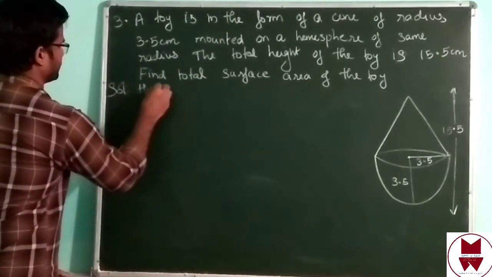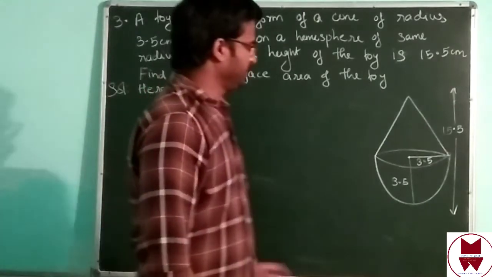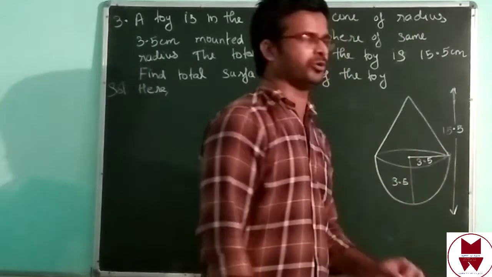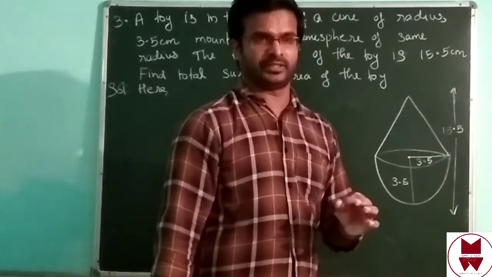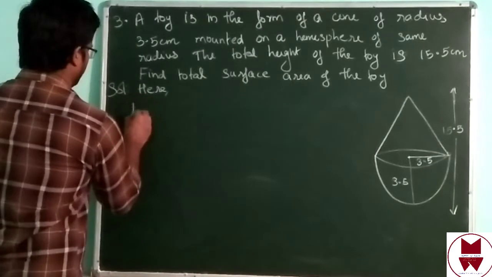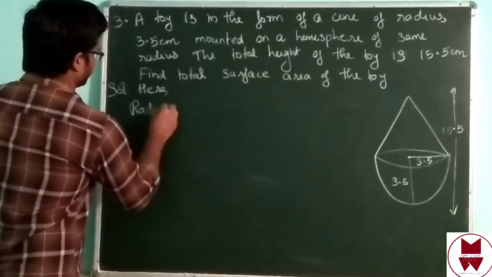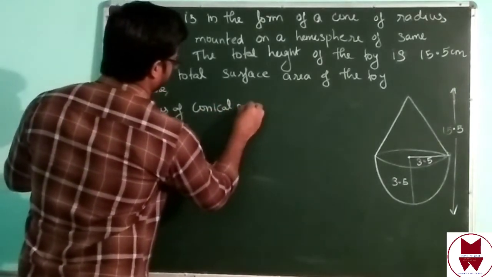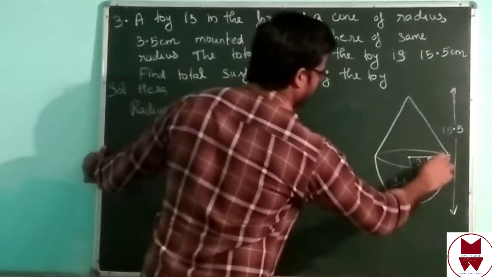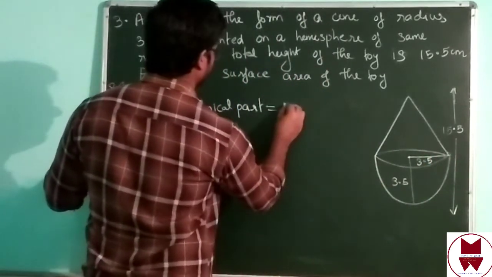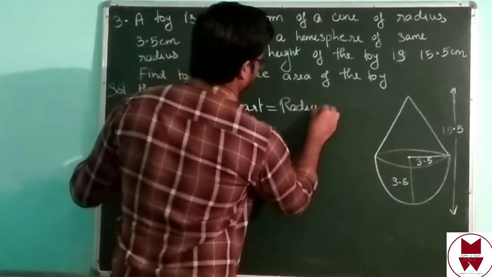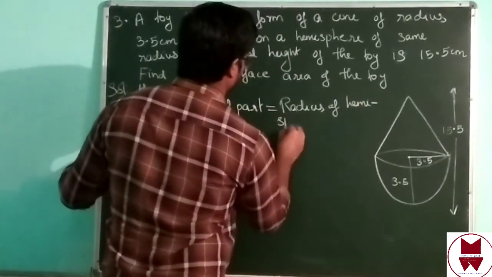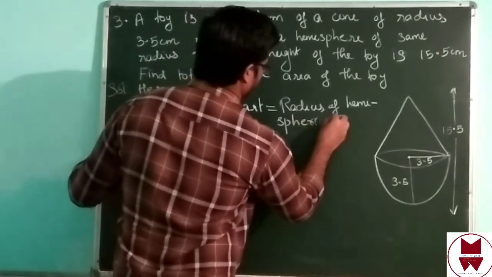Here you can see in this figure the radius of hemisphere and radius of this cone are equal, isn't it? It means we can write radius of conical part equals radius of hemispherical part.